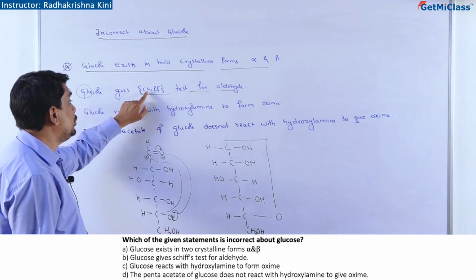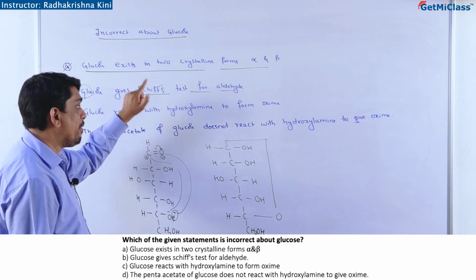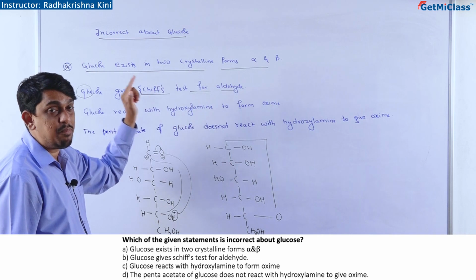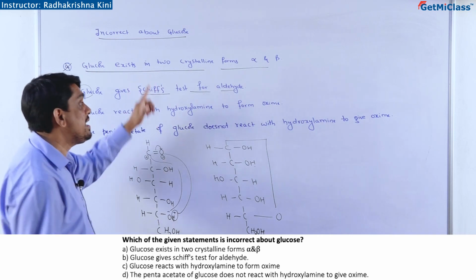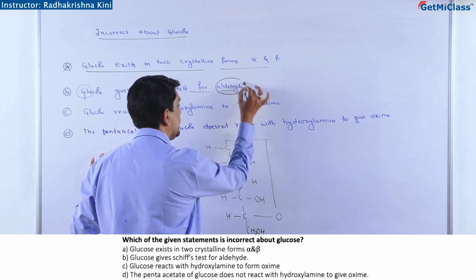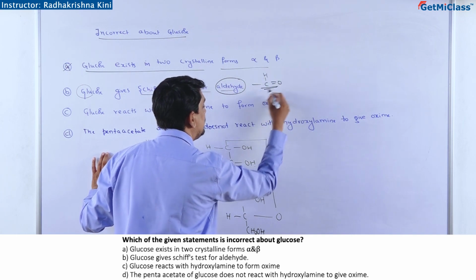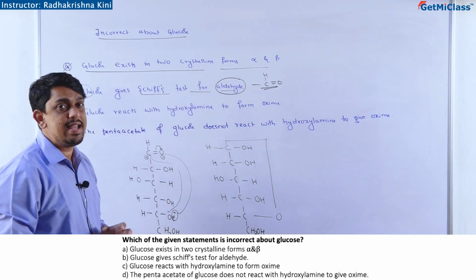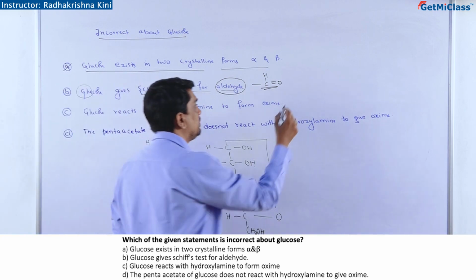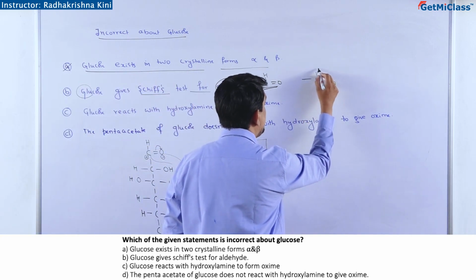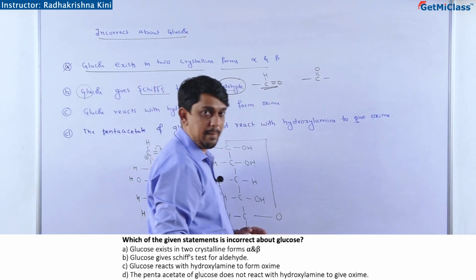Now you want the Schiff's test to be performed, and the Schiff test will be positive only when an aldehyde is present. You all know the Schiff test. It will be answered by aldehyde faster. It will react with ketone a little slowly.